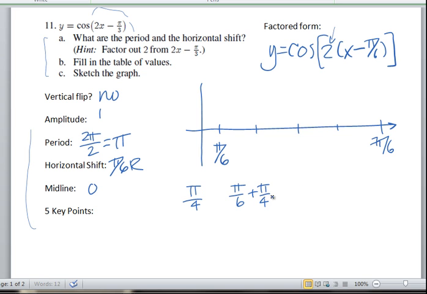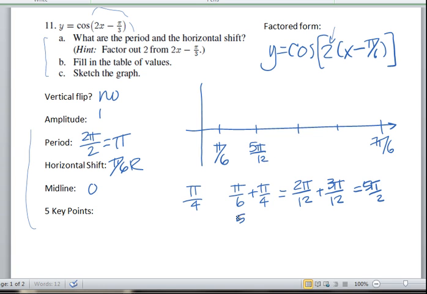So this is equal to 2 pi over 12 plus 3 pi over 12, which is 5 pi over 12. And so this is 5 pi over 12.